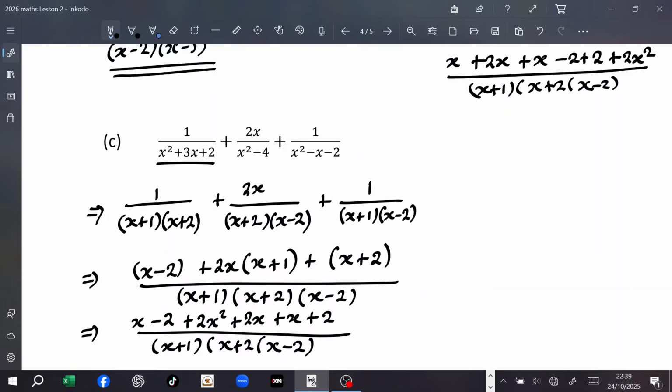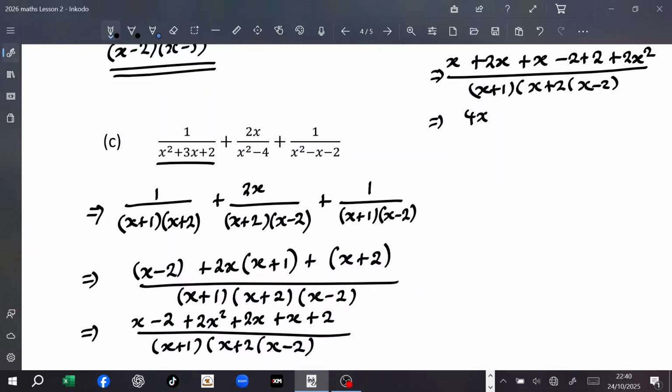So here you realize that x plus 2x plus x, it will be 4x. So 4x. Then here negative 2 plus 2, it will be 0. So this one will cancel.